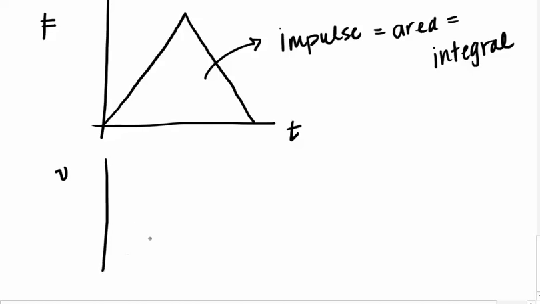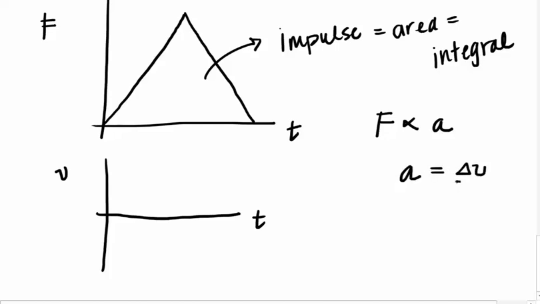Velocity versus time. Now remember, force is proportional to acceleration, and acceleration is the change in velocity over change in time. So initially, is our force positive? Sure. At the maximum force, is the force positive?